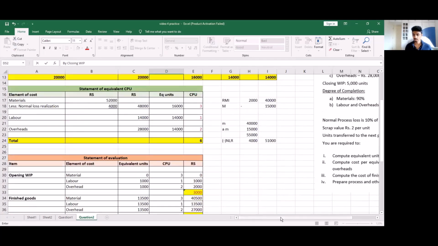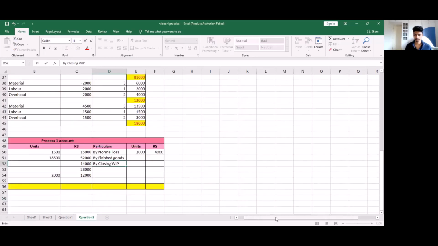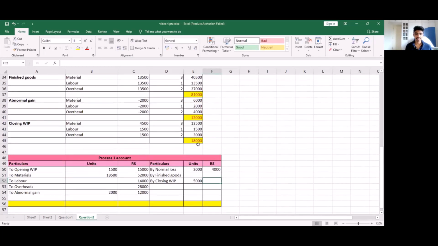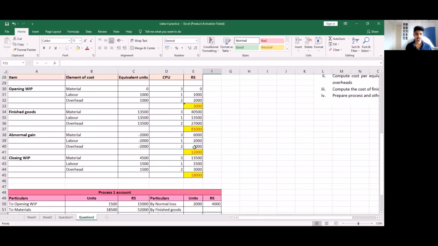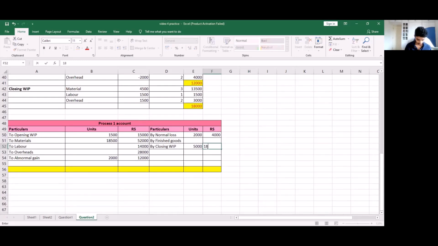We have been given the units of closing work in progress as 5,000 units. And as for the amount or value, we will take this from our statement of evaluation. So in our statement of evaluation, we have found that closing work in progress amounts to 18,000. So I'm going to mention this right here.